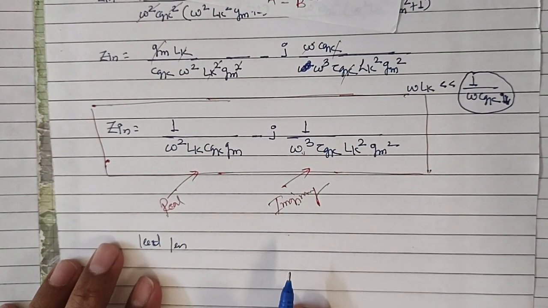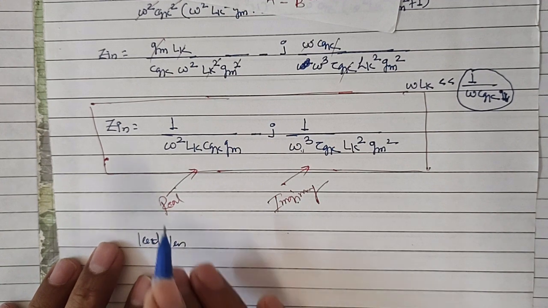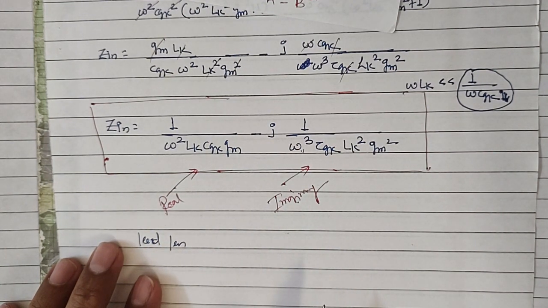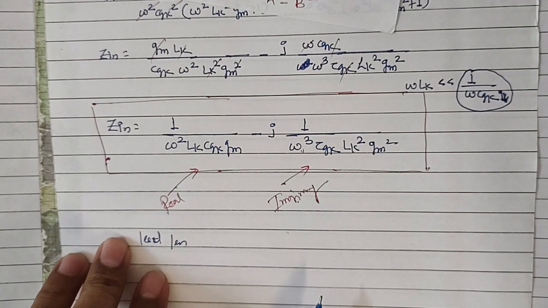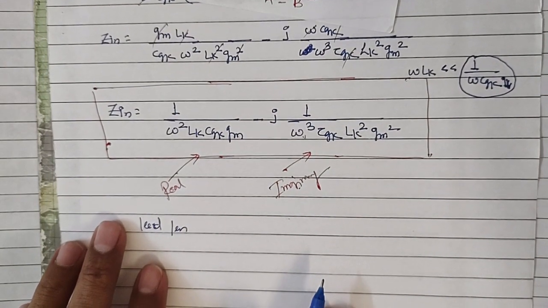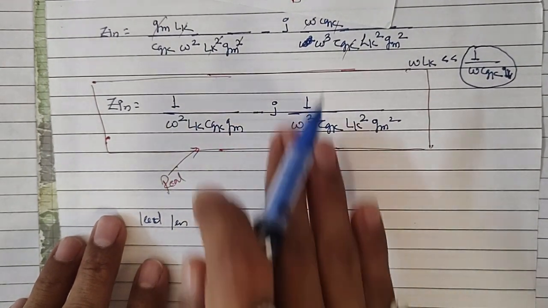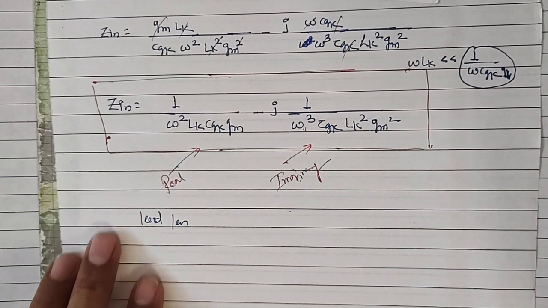So if we increase the operating frequency, input impedance becomes small at a point over and above 1 gigahertz. Input impedance can become a short so that output power reduces. That is why these conventional tubes cannot be used at high frequency.